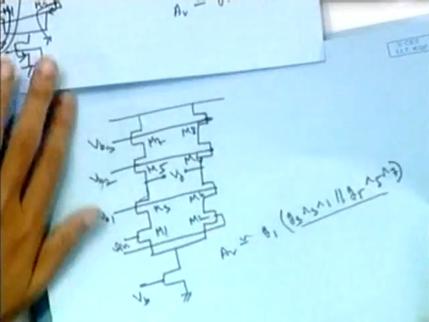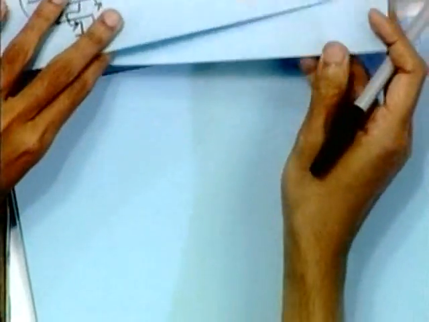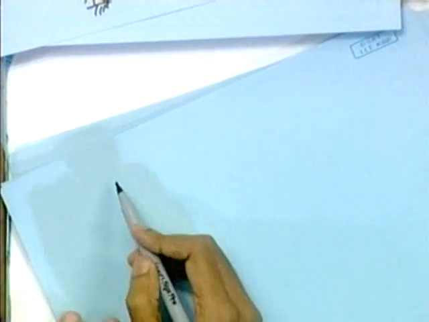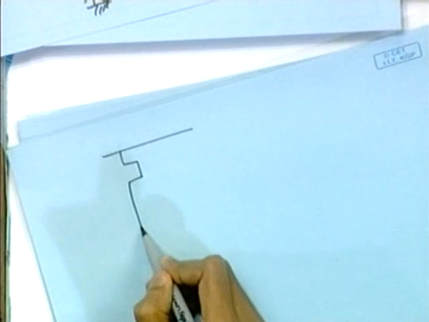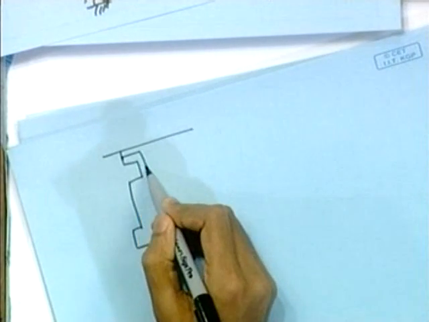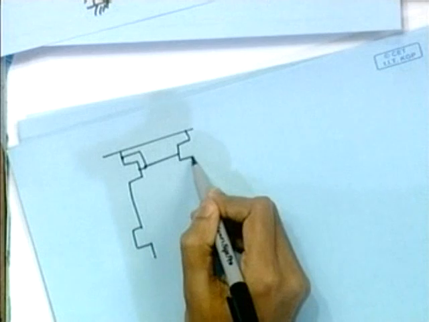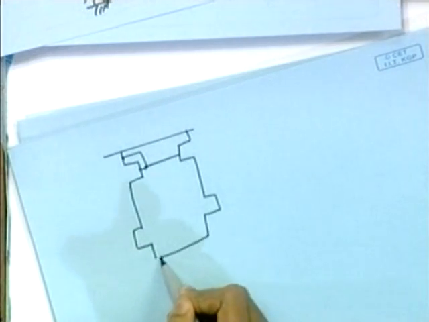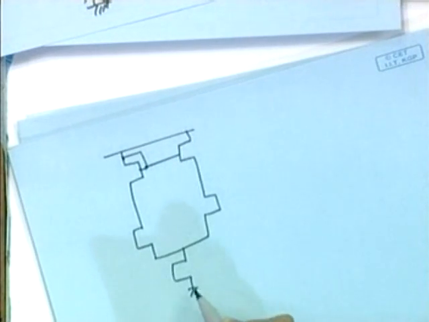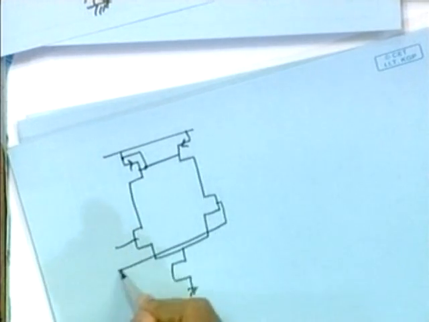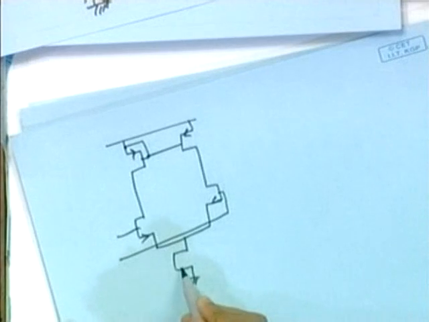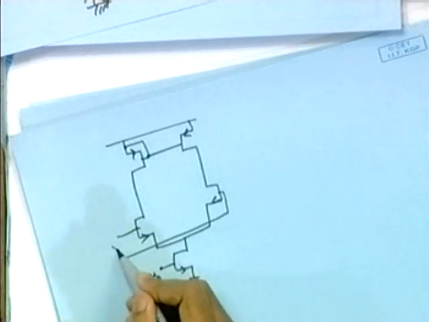And the last thing is the current mirror as an active load to our differential amplifier. This is the current mirror, this is the input.